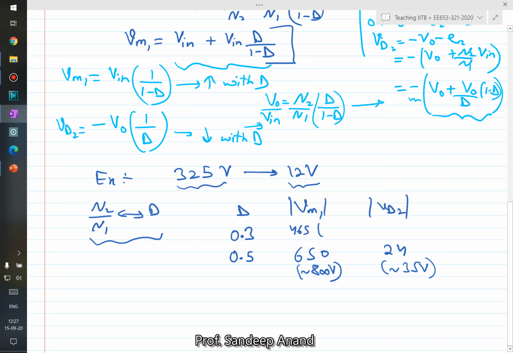Then you might probably be able to choose a 550 volt or a 600 volt MOSFET, and your diode voltage would increase slightly, but you can still find a 60 volt diode very easily with a lot of options, right? So maybe in this application you might want to consider setting a nominal duty cycle of 0.3 and then finding N2 by N1 based on that, and then making the transformer design based on that N2 by N1, right?